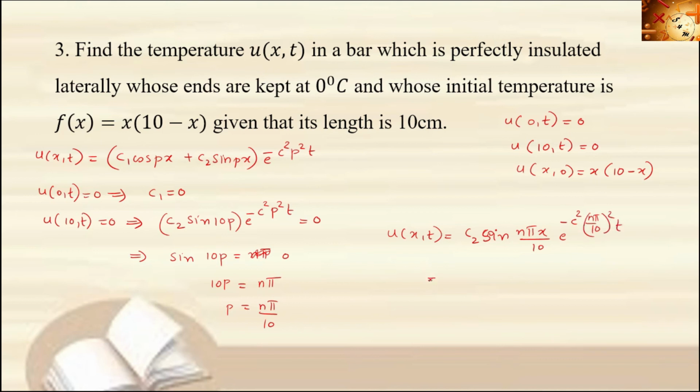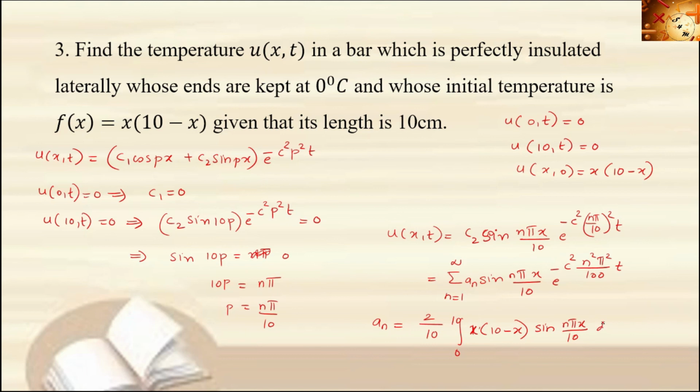Also, this can be written as sigma n is equal to 1 to infinity an sin n pi x divided by 10 into e raised to minus c square n square pi square divided by 100 t, where an is equal to 2 by L, that is 2 by 10, integral 0 to 10 f of x, that is x into 10 minus x into sin n pi x divided by 10 dx.